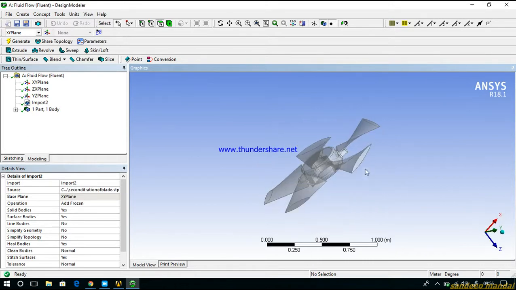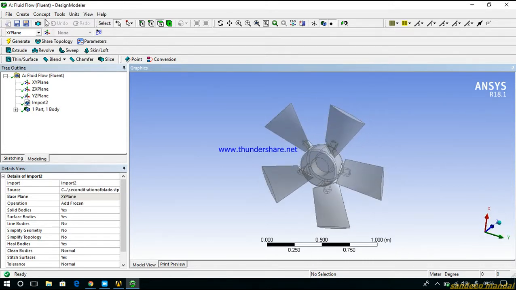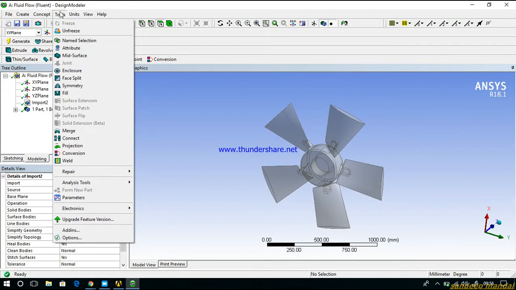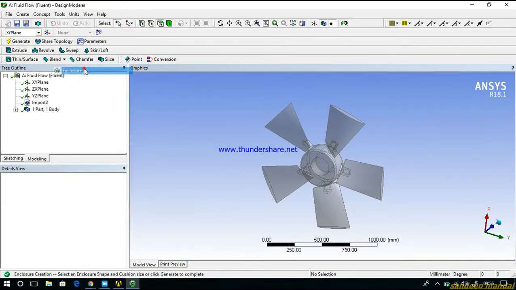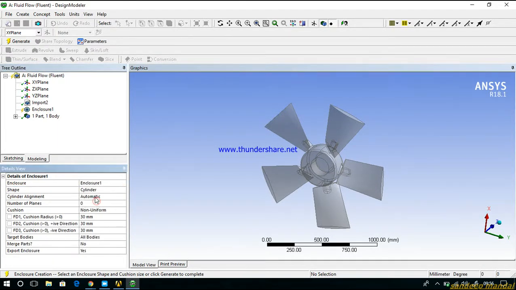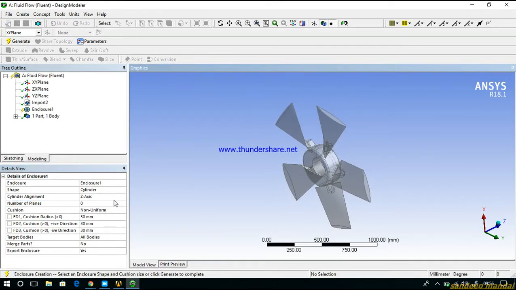The geometry is successfully uploaded. Here we have to create an enclosure first, in which we create a fluid domain where we include a fluid that is exposing our fan and vice versa. So, cylinder. Here my axial axis is the Z axis. Let it be.